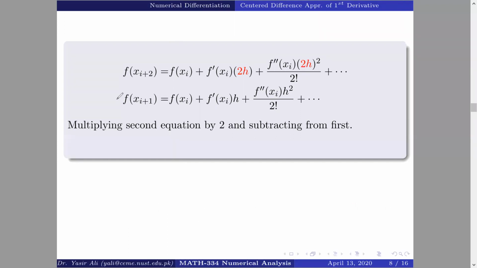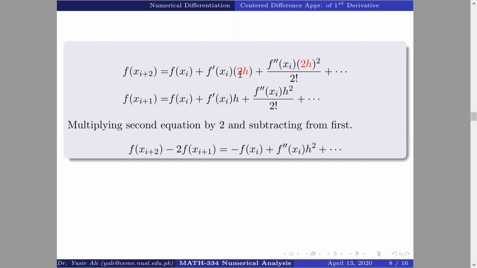I'm going to get f of x i plus 2 minus 2 f of x i plus 1, and here a minus f of x i, because I have multiplied it by 2.